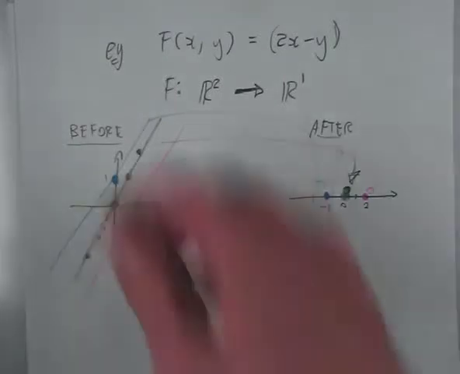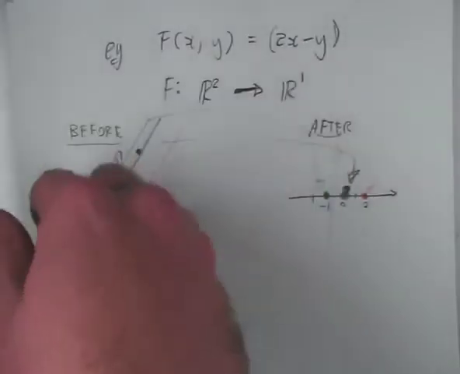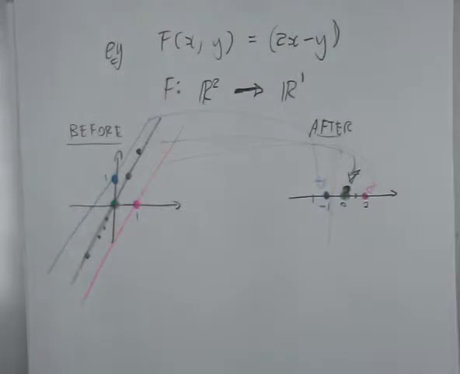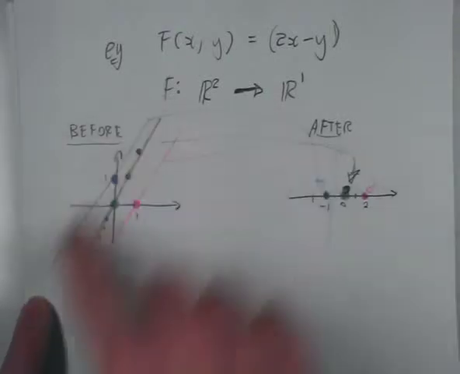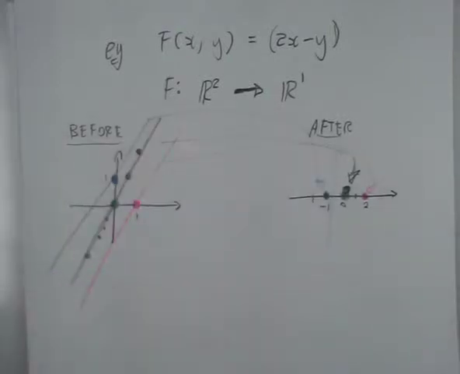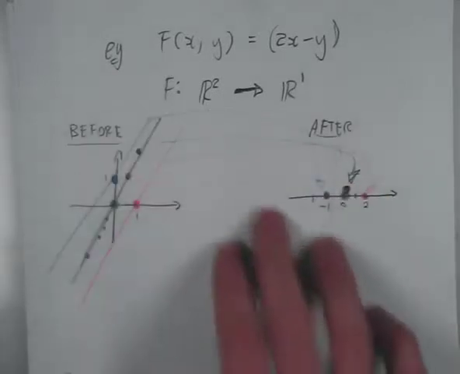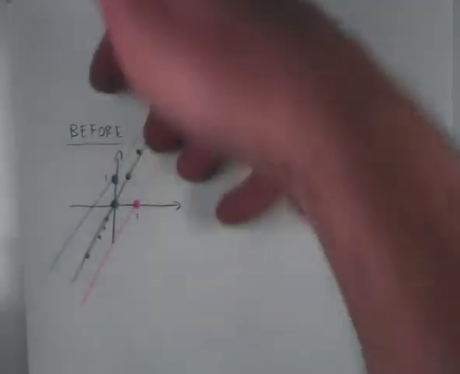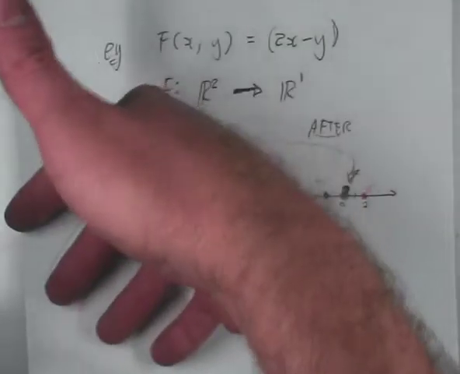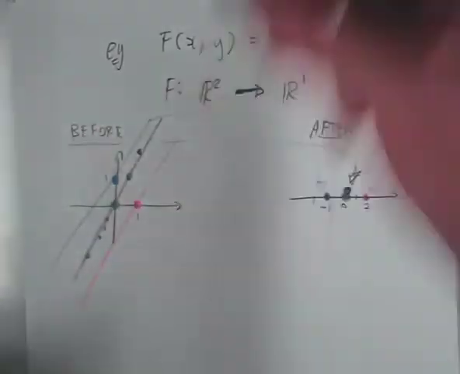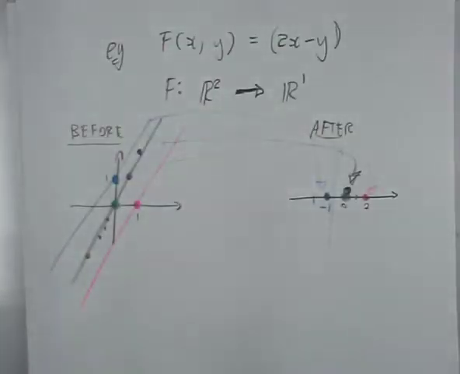You end up slicing the beginning space, the before space, the domain, into slices, and each slice goes to the same point. All of those slices are the same shape as the kernel, they're just in different spots. Now your lecturer wouldn't have told you that, but I find it very useful. I've got 2 dimensions here and I need to produce 1 dimension afterwards. If I just cut it into lines, each line represents 1 point on this line.